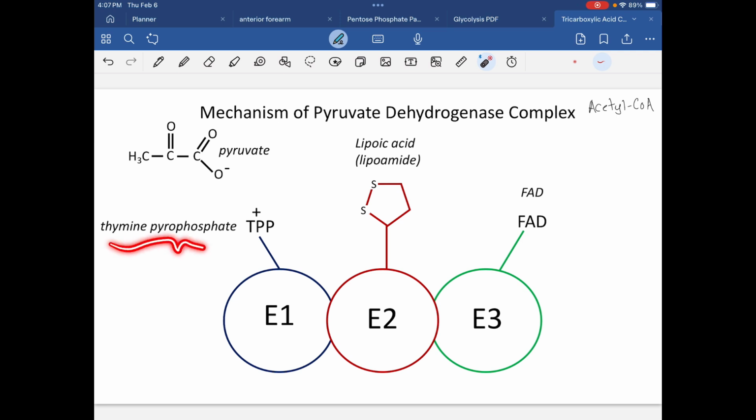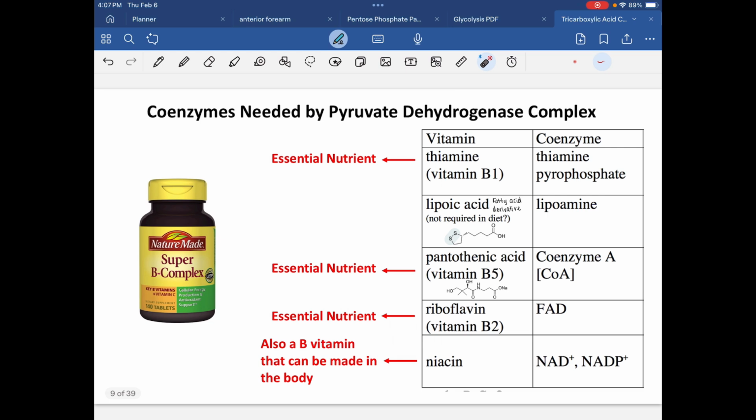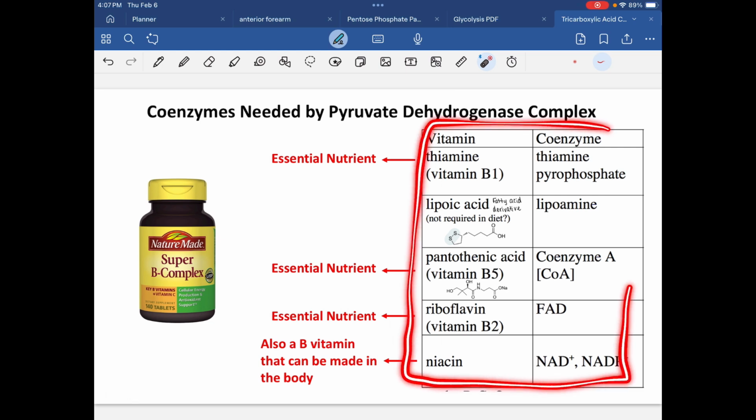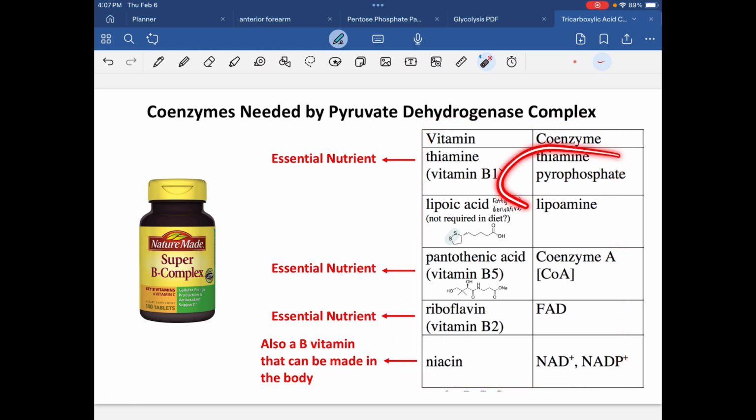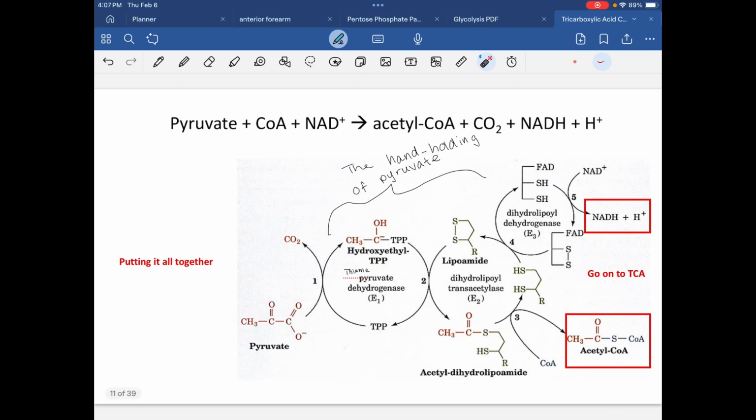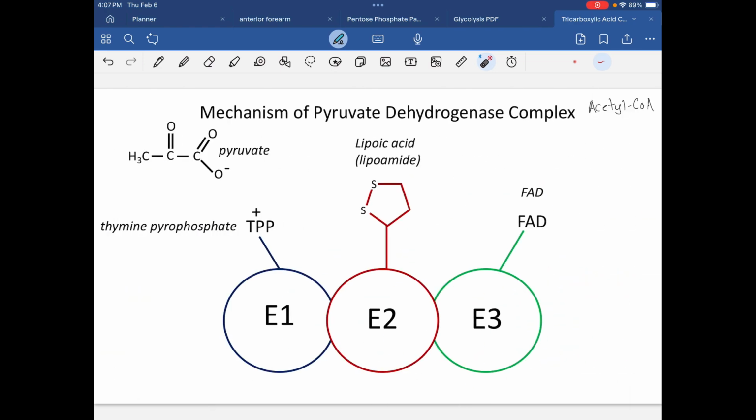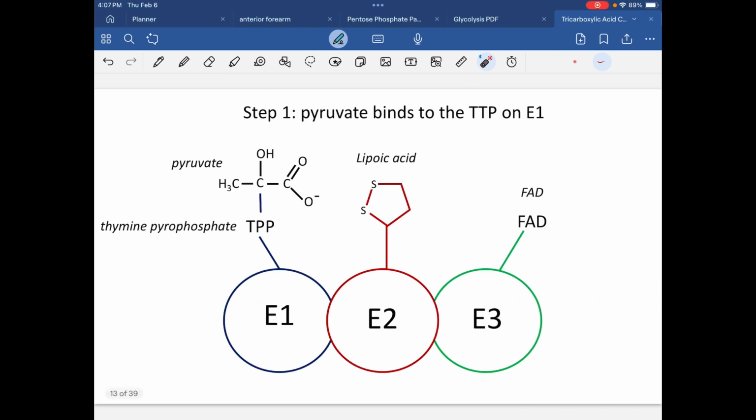This thiamine pyrophosphate, which we can call TPP. We have this lipoic acid and the FAD. And remember to go back and review what these vitamins are. I have my TPP, that's actually vitamin B1. And then know if it's an essential nutrient or not. That's going to tell us if we need to consume something with that vitamin in it to allow this enzyme complex to work.